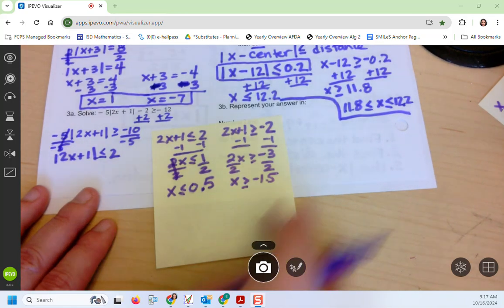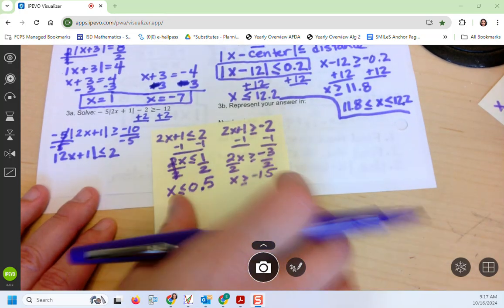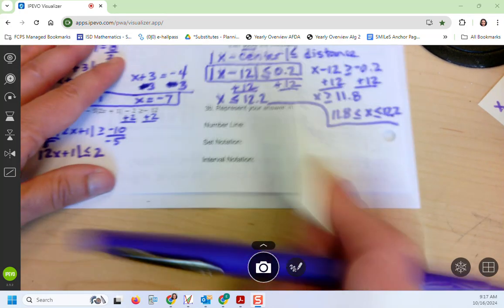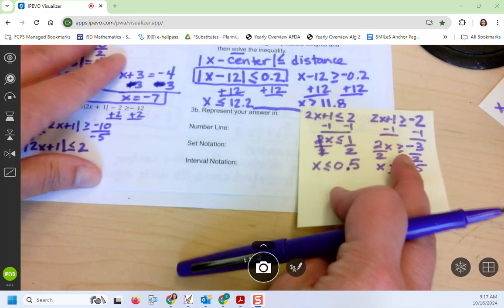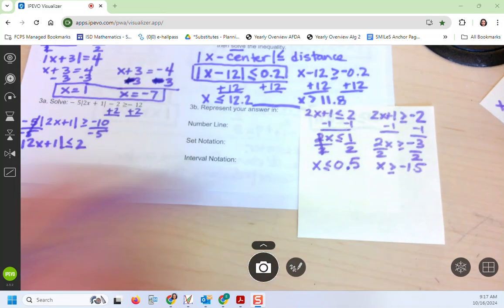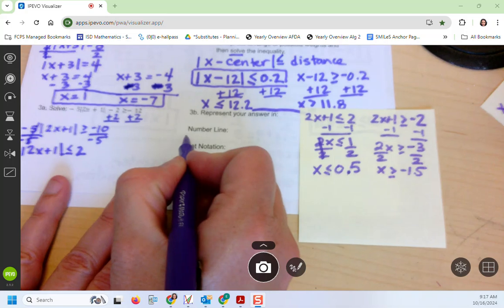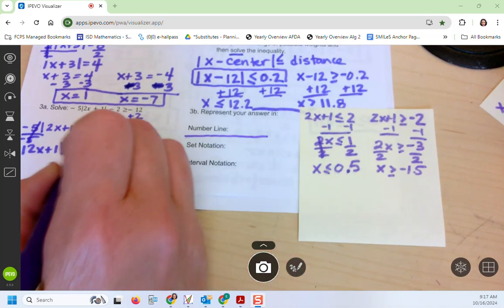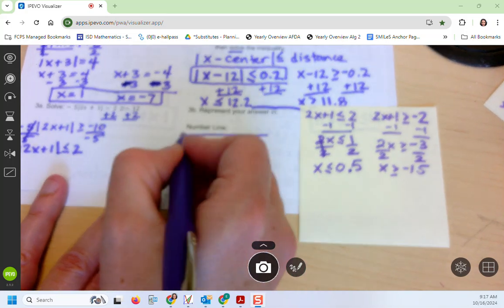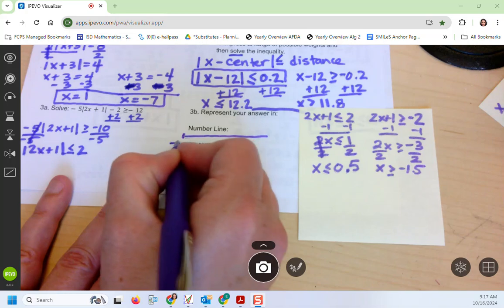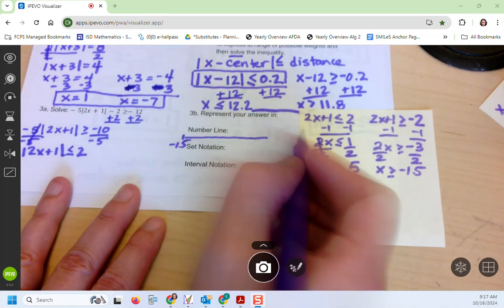So over here, I need to think about this on a number line. So I'm going to move my work over a little bit. Okay. So on the number line, I need these numbers. Negative 1.5 and 0.5.